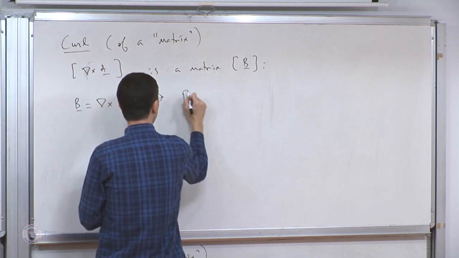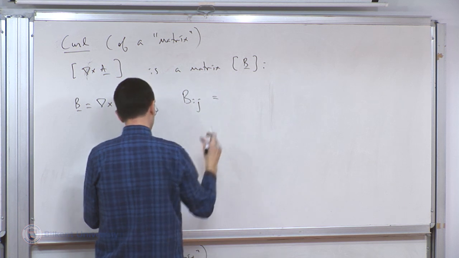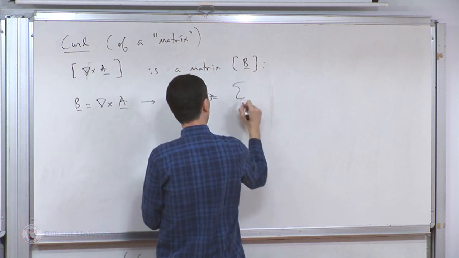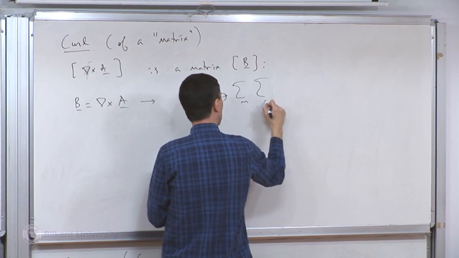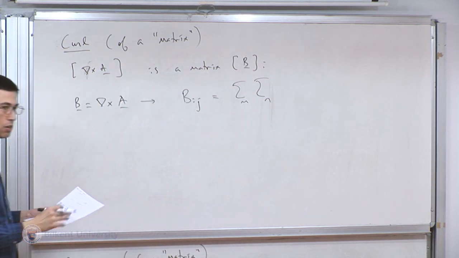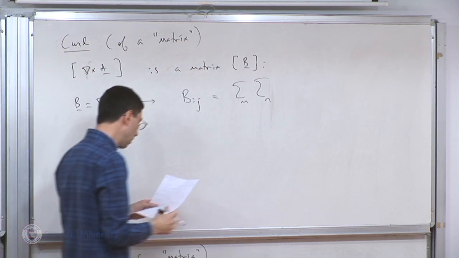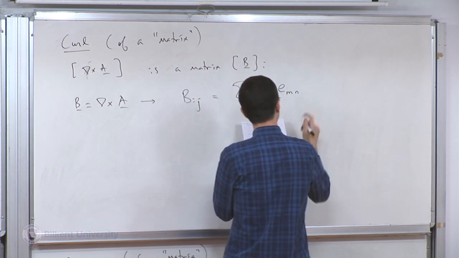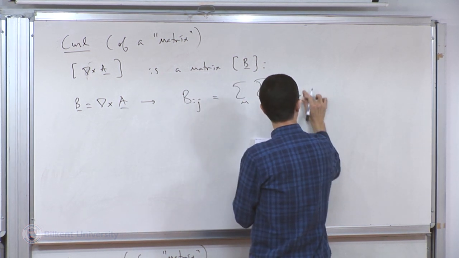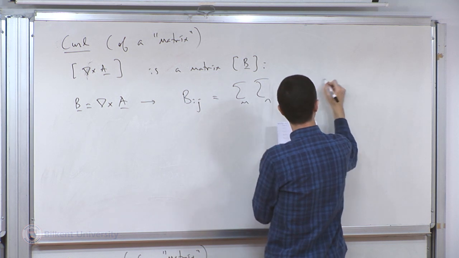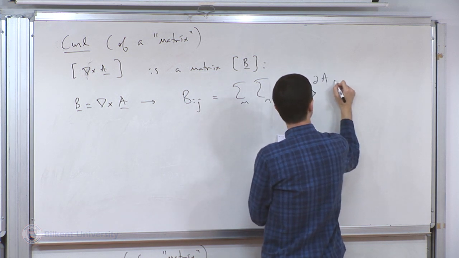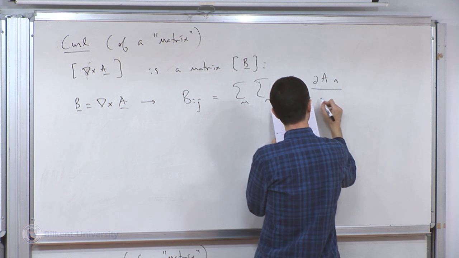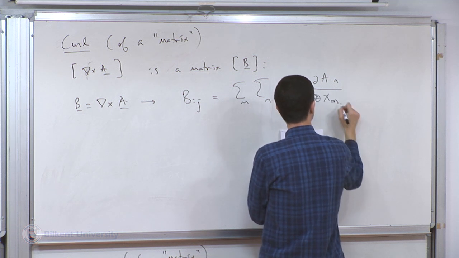Now, I will just give you the definition. It's pretty easy to relate to in those earlier cases. Here it looks a little bit more complicated, but I'll just write it. It's e_mnj. I'll write it with some color so you can catch what is being summed over and what is not.